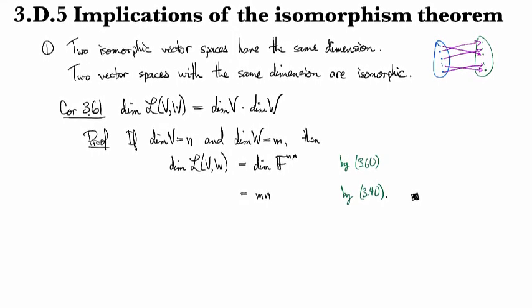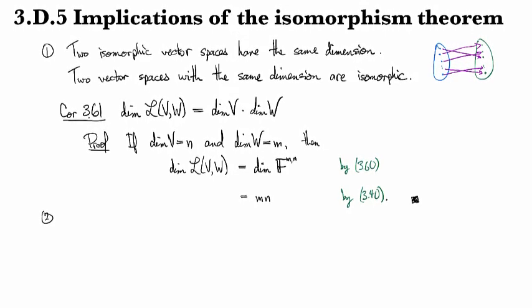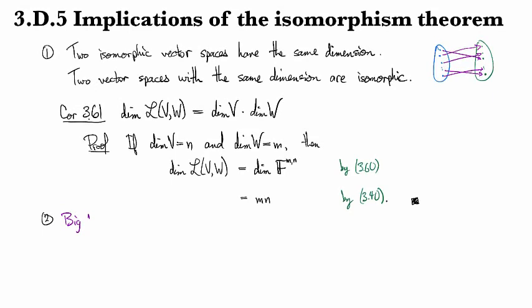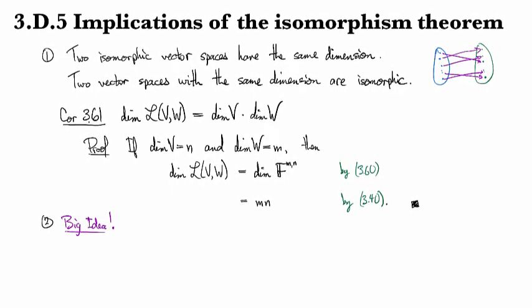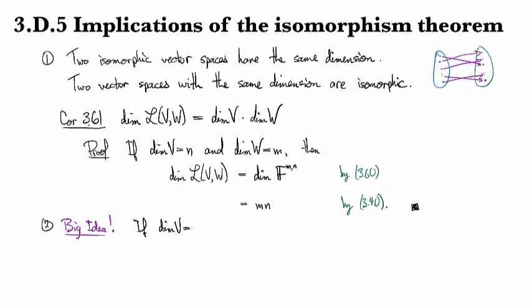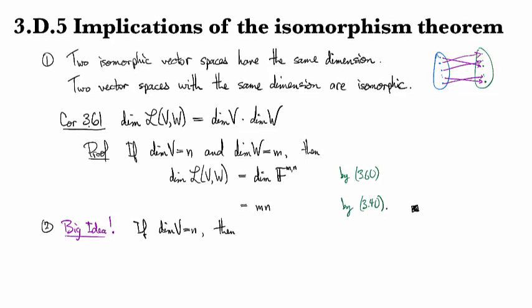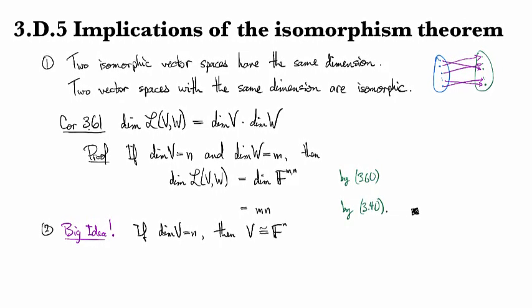Another idea that's maybe a bit more exciting is that if V is n-dimensional, then it's basically just F^n.